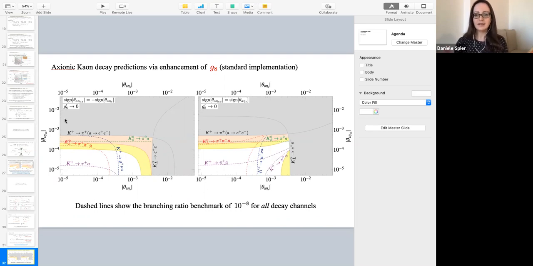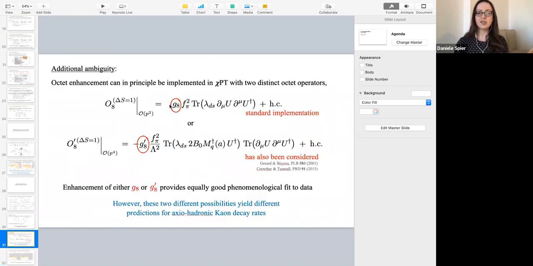And so this model is excluded, end of story. And I'm saying the story doesn't end there because, one, whatever you estimate for this mixing angle using leading order chiral perturbation theory is not reliable. And on top of that, you're making the assumption that octet enhancement in Kaon decays is implemented via enhancement of this coefficient G8 of this operator here.